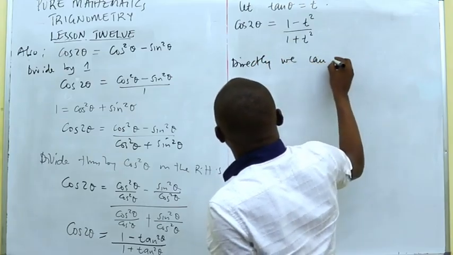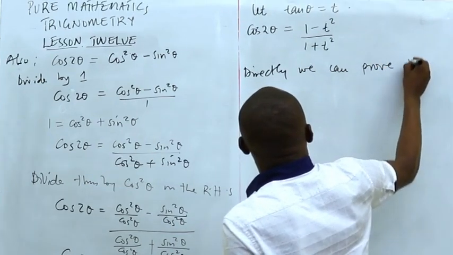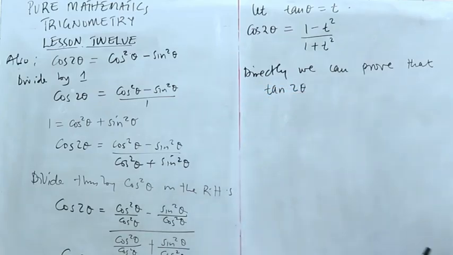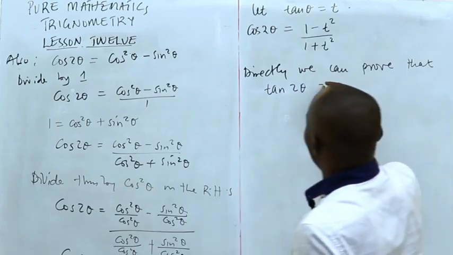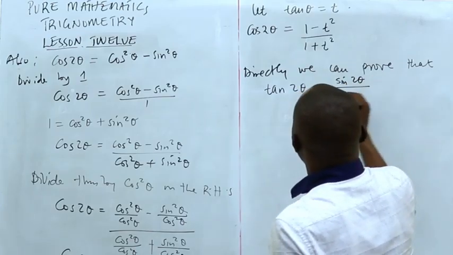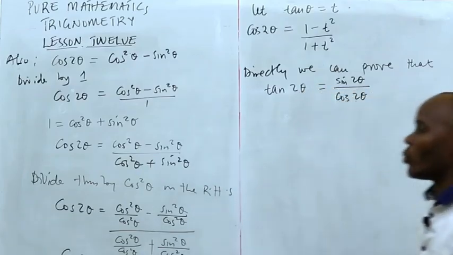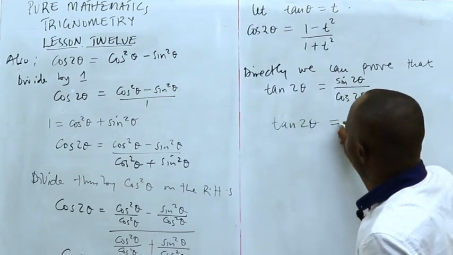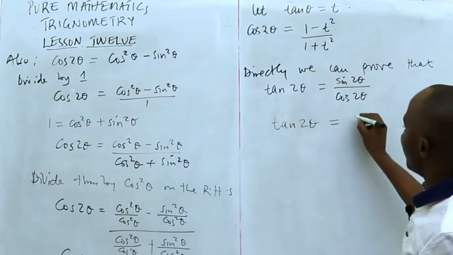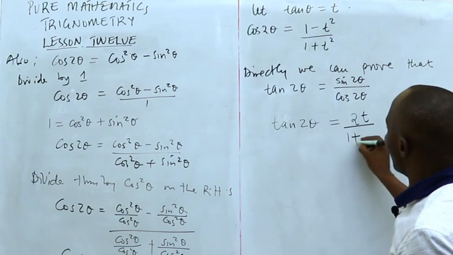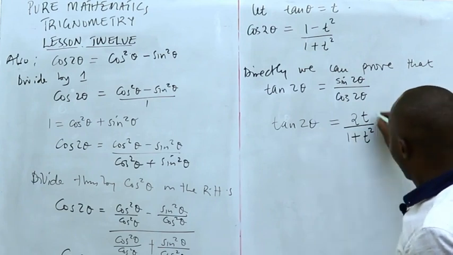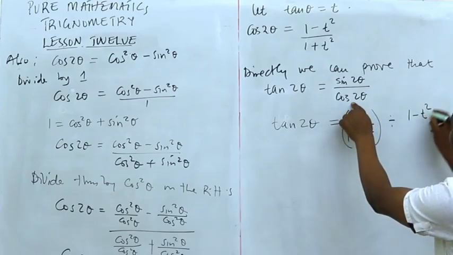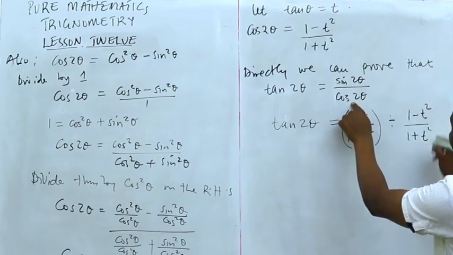We can prove directly that tan 2 theta is sine 2 theta over cos 2 theta. We've discovered sine 2 theta is 2t over 1 plus t squared, and cos 2 theta is 1 minus t squared over 1 plus t squared.